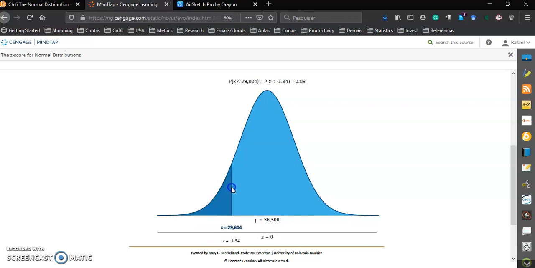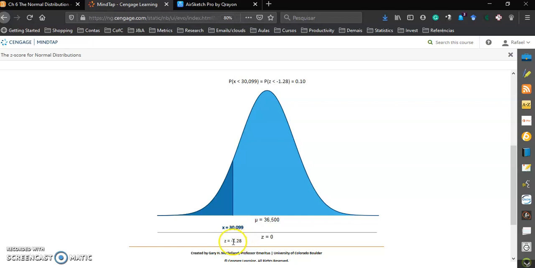So let's say I drove 30,099 miles. Okay, so this is how much I drove, and this is the mean. So if I compute the z-score, I'm going to subtract 30,099 minus 36,500 and divide by 5,000, which is the standard deviation. My z-score is negative 1.28.